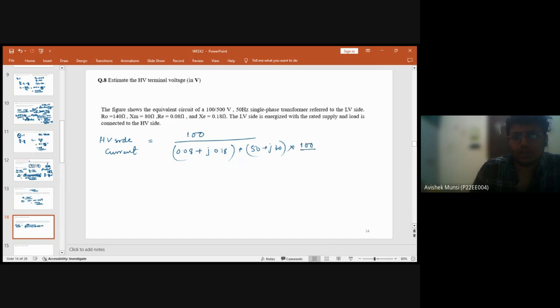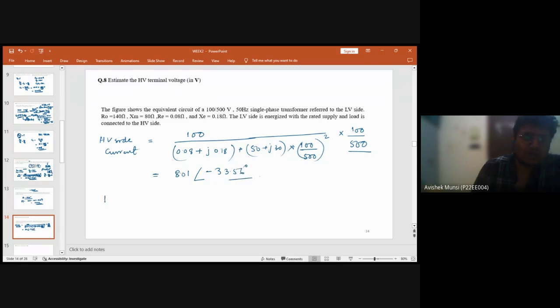This was our LV side current, right? In case of the HV side, it will be multiplied by the inverse of this, since we have HV by LV equal to NS by NP. So we can calculate it this way. If you calculate it, it will be around 8.01 at an angle of minus 33 degrees.